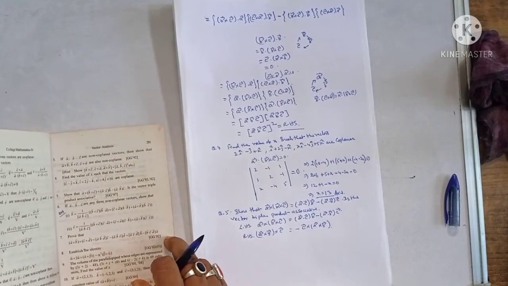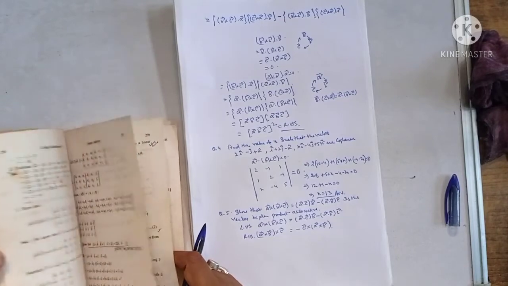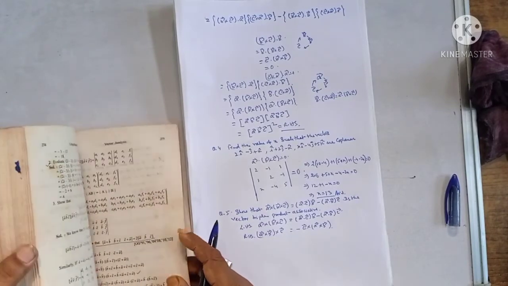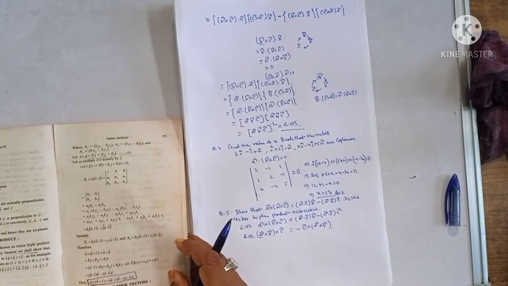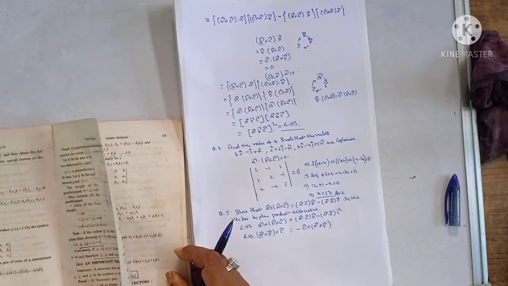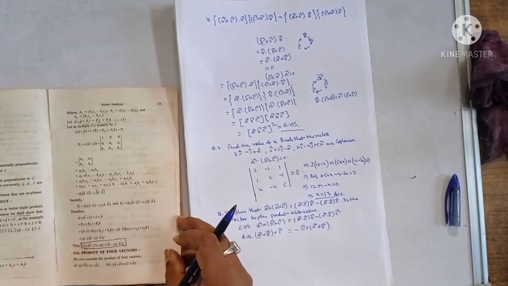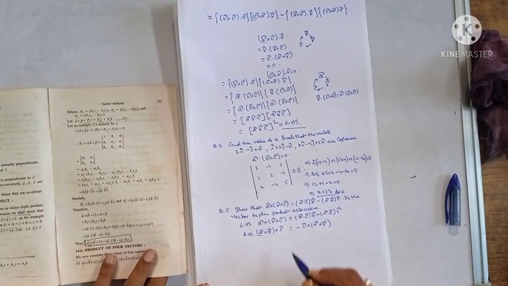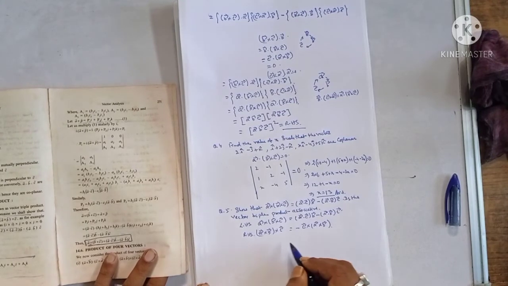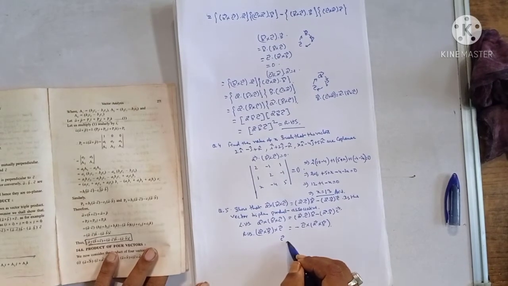So it is associative, so we have to show that this is associative. This again the same procedure, that is C, A vector, B vector goes like this.